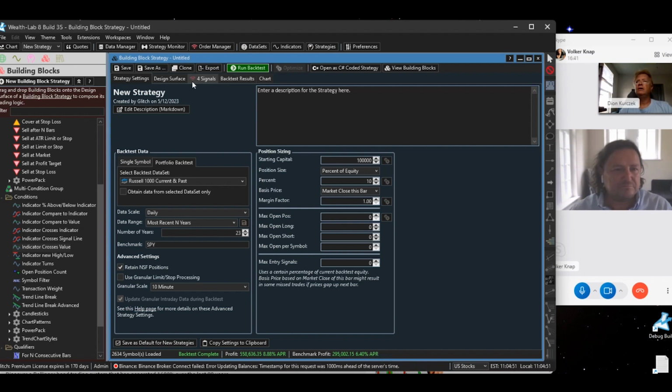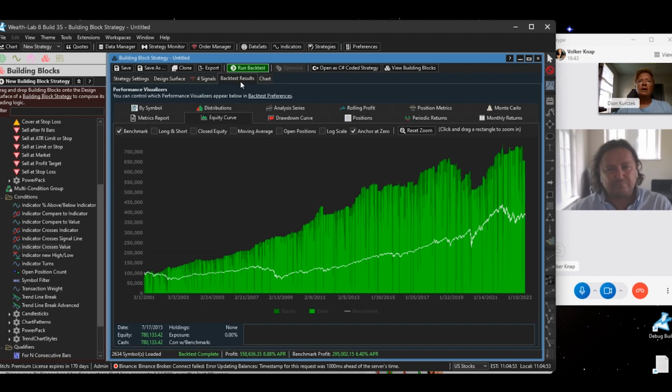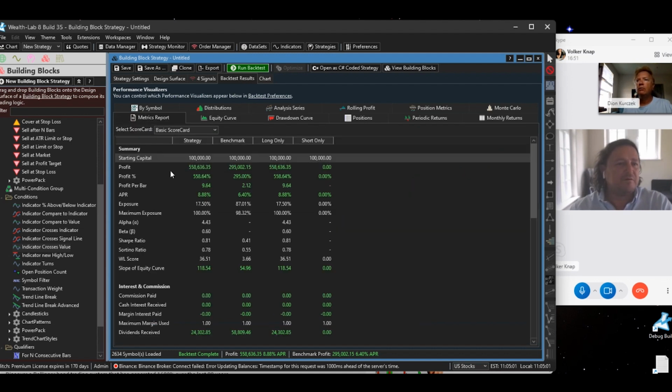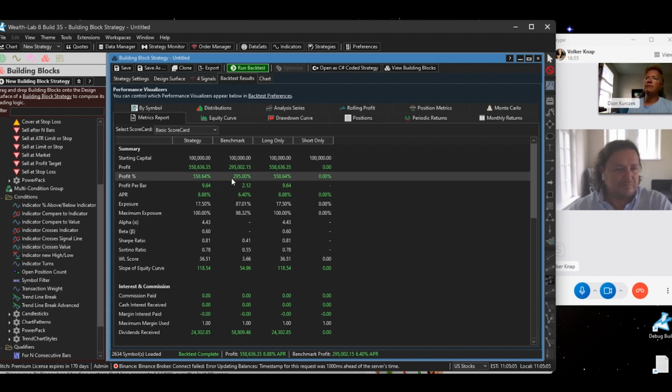So actually, the strategy did outperform SPY. And over the period, our backtest is showing about a 550% return. So it's not what Rayner was saying his return was, 1600.